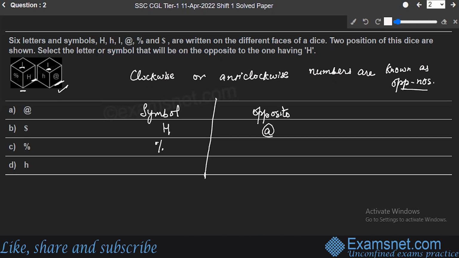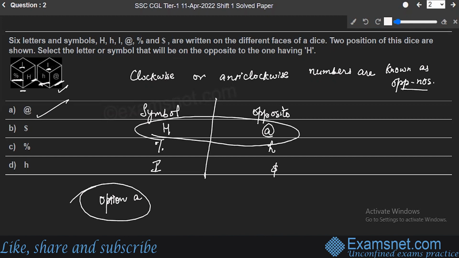Percentage will have small h at the opposite side, and I will have the dollar symbol at the opposite side. So the face opposite to capital H is at the rate. Option A is the correct answer for this question. Hope you're clear with this.